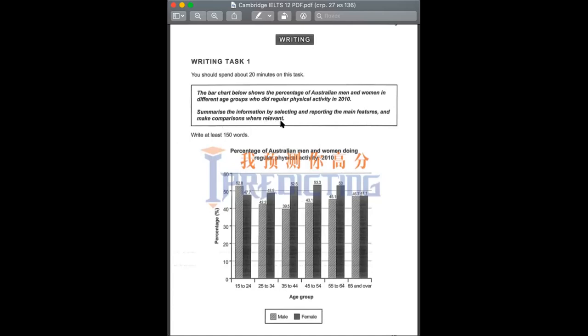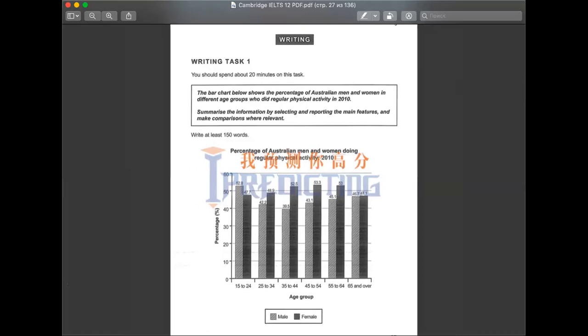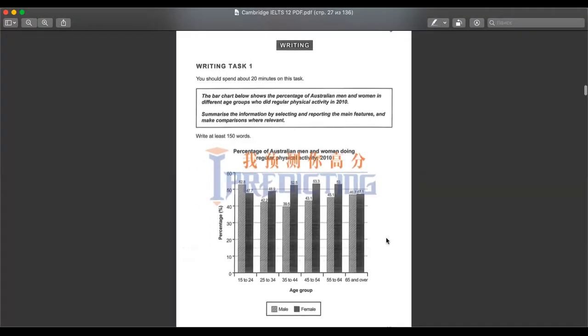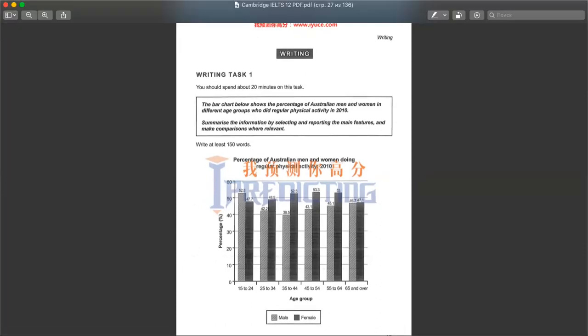So I'll be continuing this lecture in Russian right now, to make you more into this topic. I will write down some key points here.